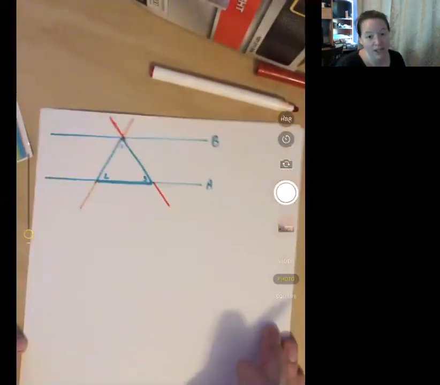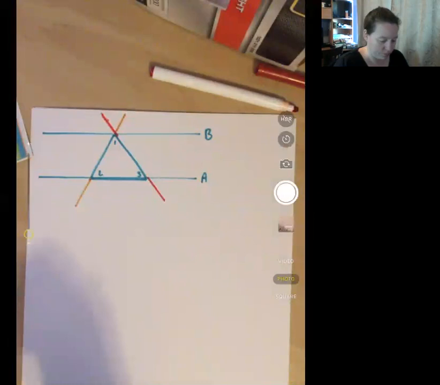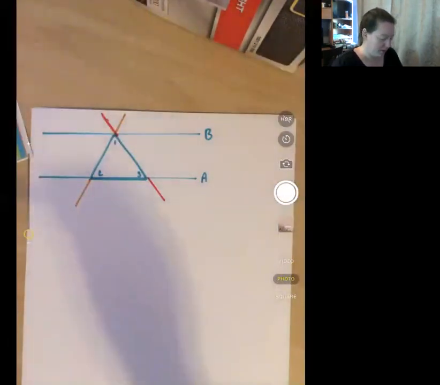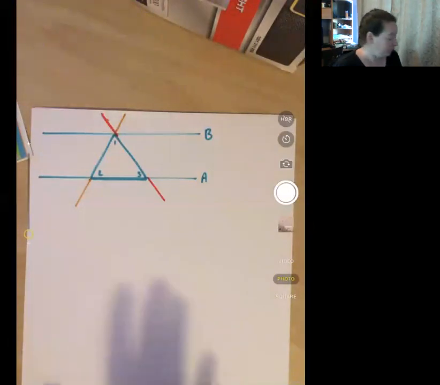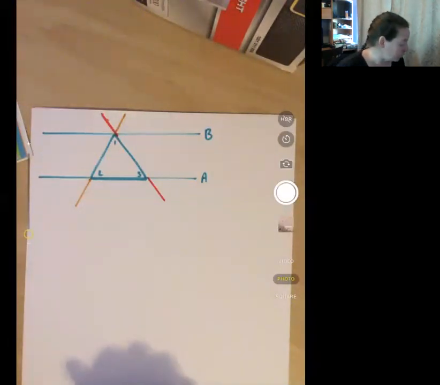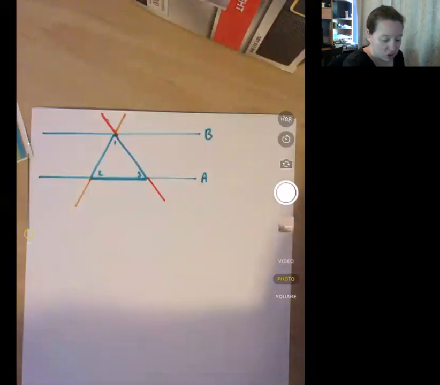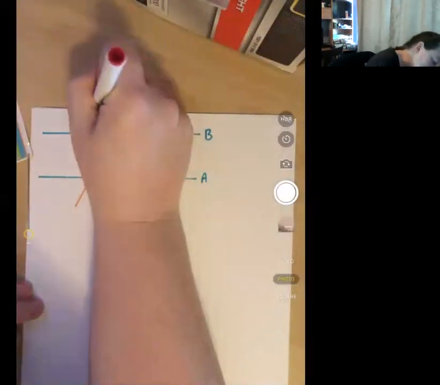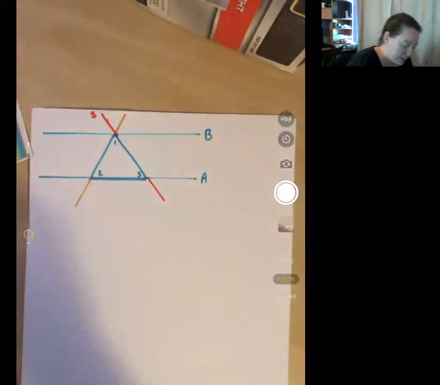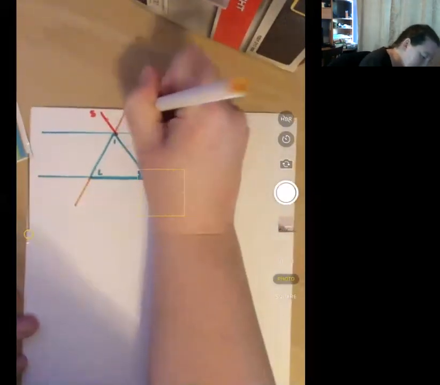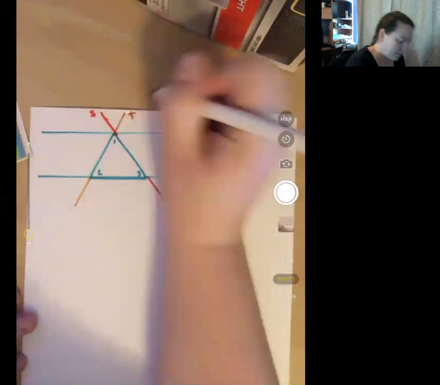You know, these cap colors do not look like what they actually are. Okay, there we go. I extended it in both directions. They want us to call this one S and to call this one T.